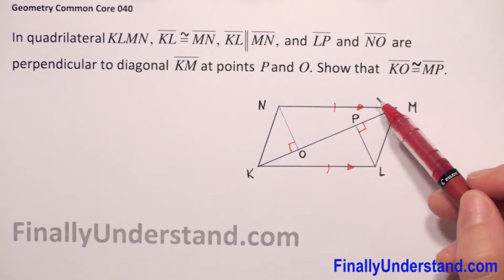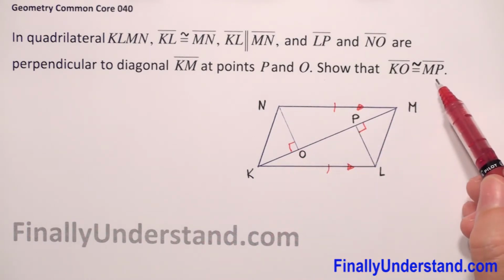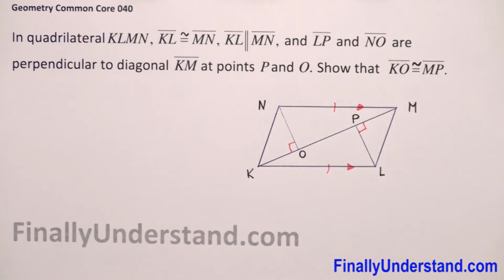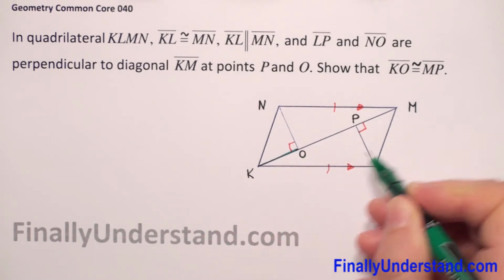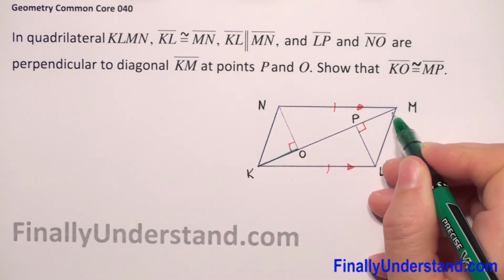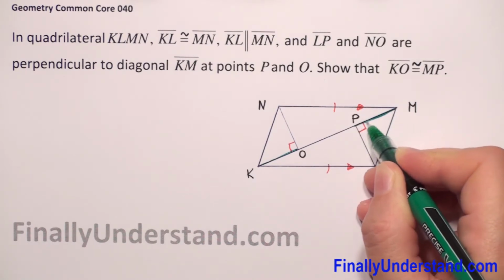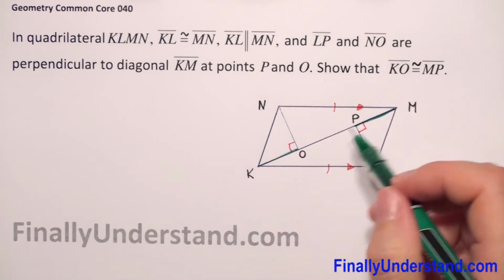Show that segment KO is congruent to segment MP. So we have to show that this segment KO is congruent to MP. This red information we have given.